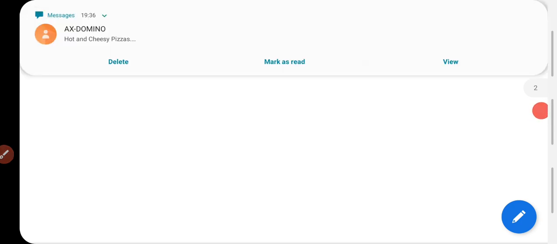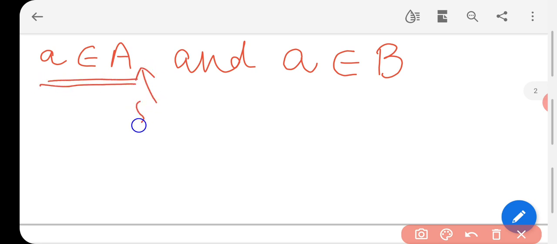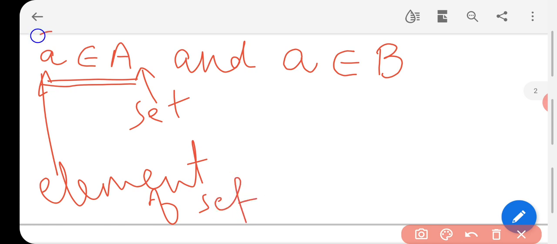Clear? Now see, we have an element a, and that element belongs to set A. Okay, we have an element a which belongs to the set A, and the same element a belongs to the set B. What does it mean?